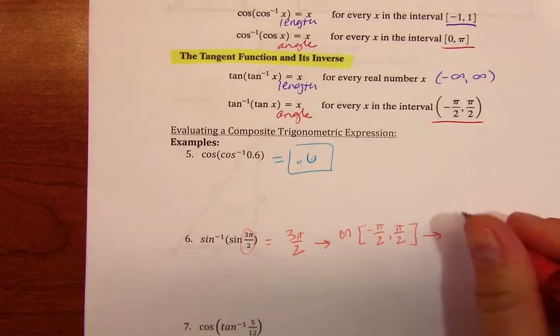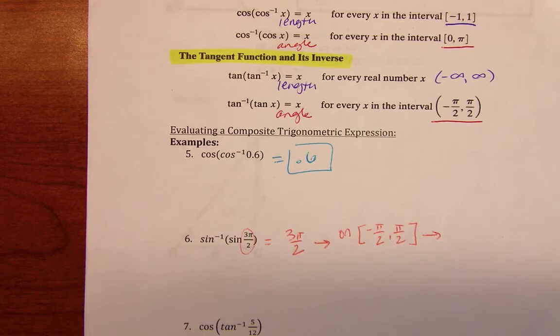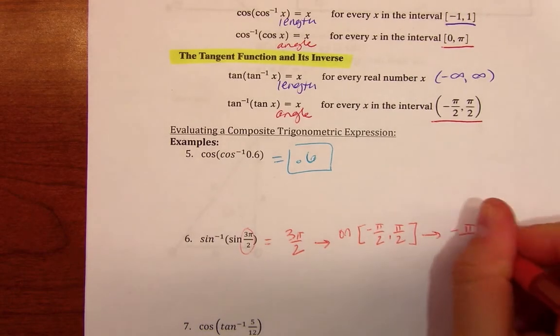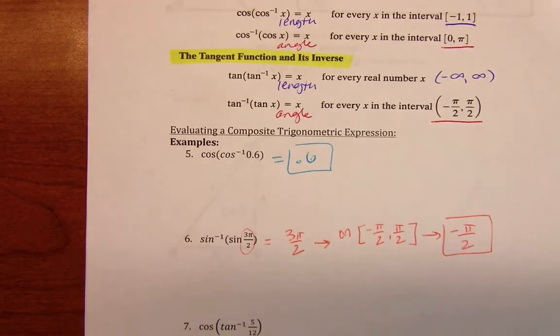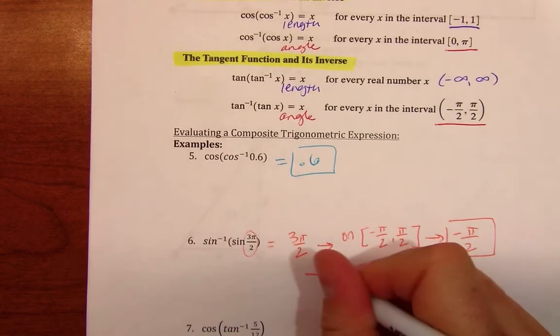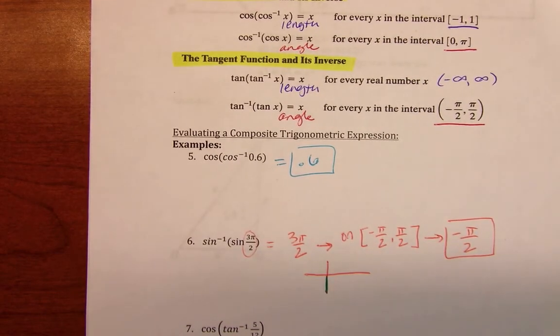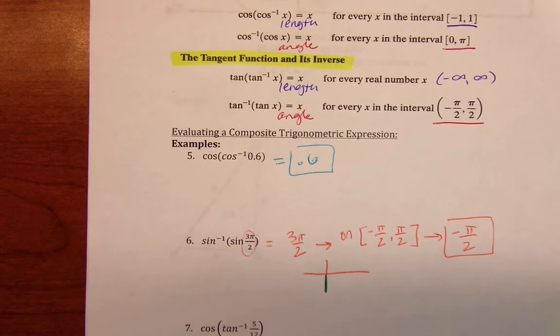So then we should have what's the same angle between there? Well, -π/2 is the same thing as 3π/2, so -π/2. Remember, 3π/2 is right here. That's also -π/2, and that's why we went with that, because it's on this domain.